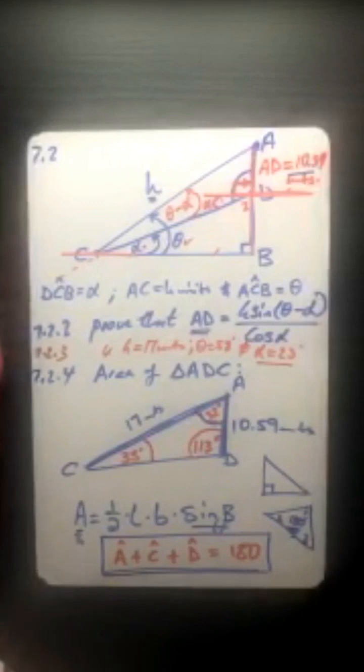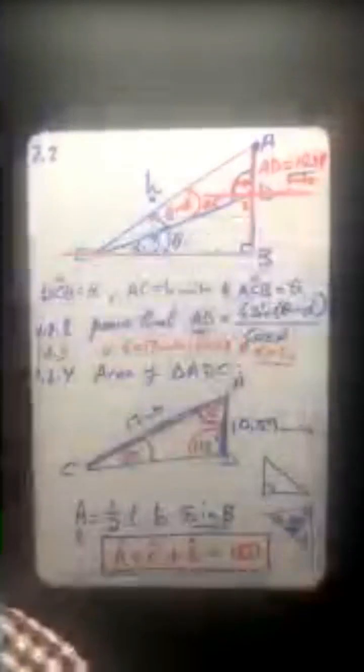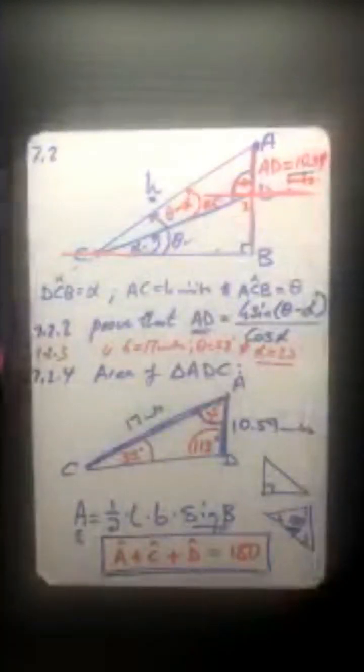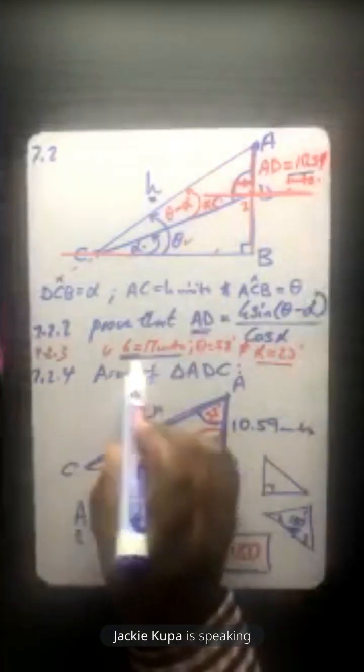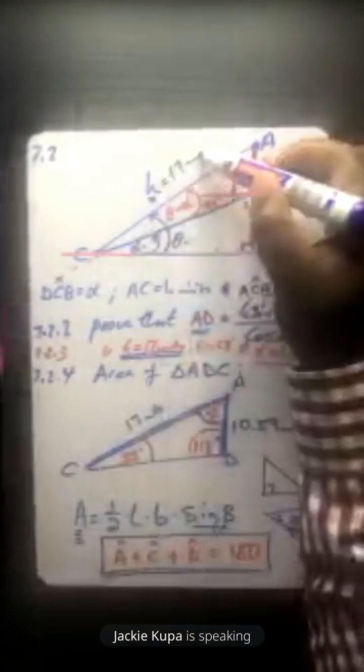Okay, so the H was given from the question paper. Can you see there? Maybe that's why it's confusing you. So that H is given there, Jackie. We did not calculate it. It's given as 17 units.